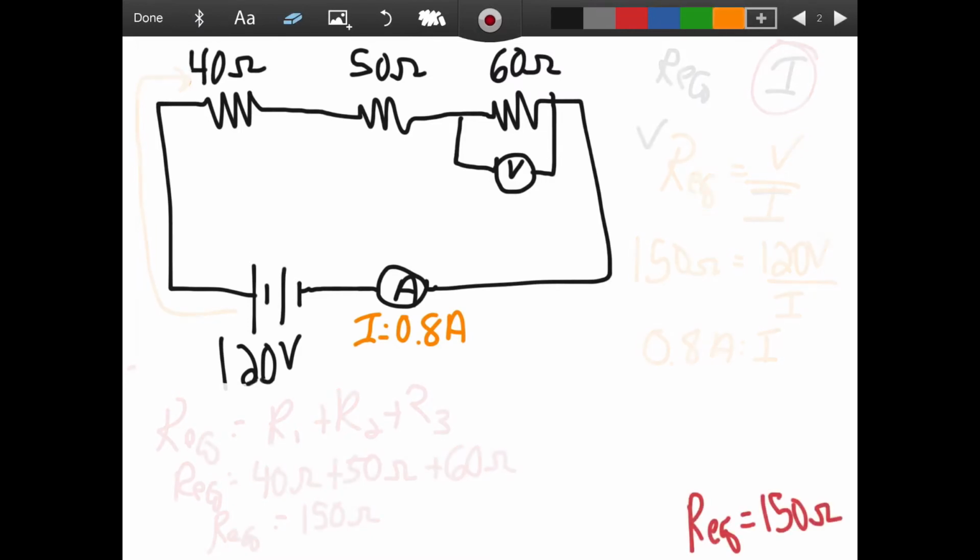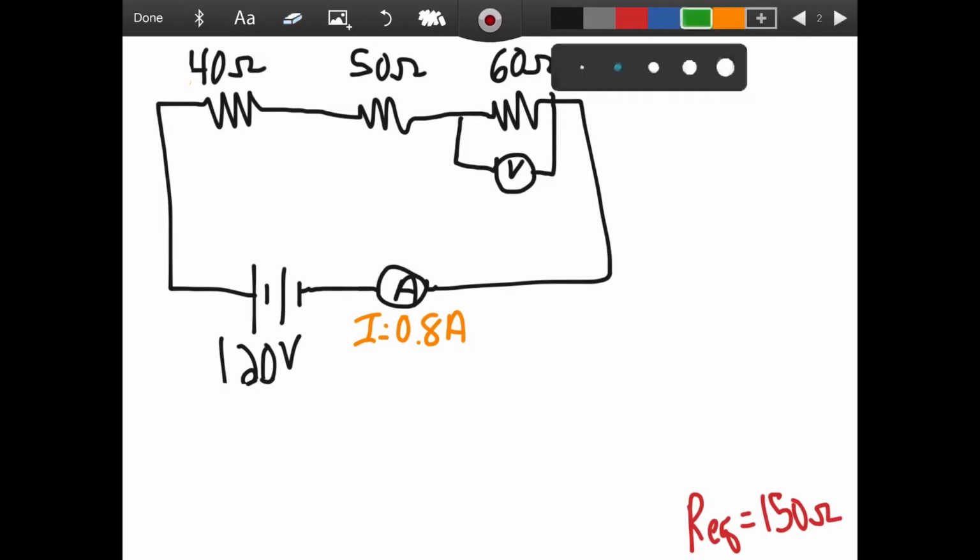The next thing for me to analyze is the voltage drop across each resistor. And what this multiple choice question could ask you is, what is the reading in the voltmeter? And the way we would analyze that is, again, we're going to use Ohm's law, which is R equals V over I. We know the resistance here is 60 ohms.